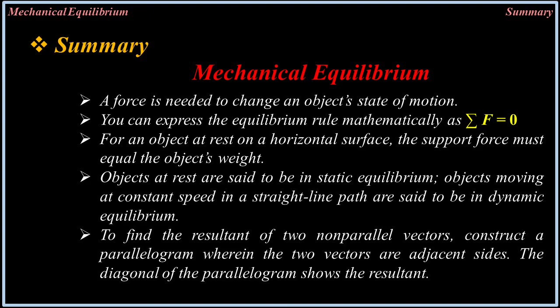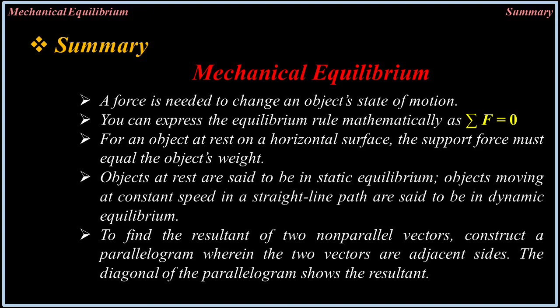Summary: mechanical equilibrium. A force is needed to change an object's state of motion. You can express the equilibrium rule mathematically as sigma F equals 0. For an object at rest on a horizontal surface, the support force must equal the object's weight. Objects at rest are said to be in static equilibrium.